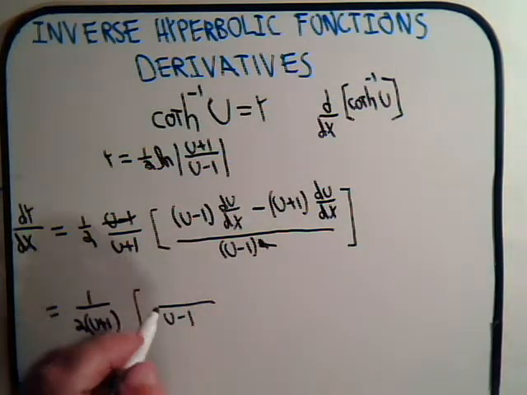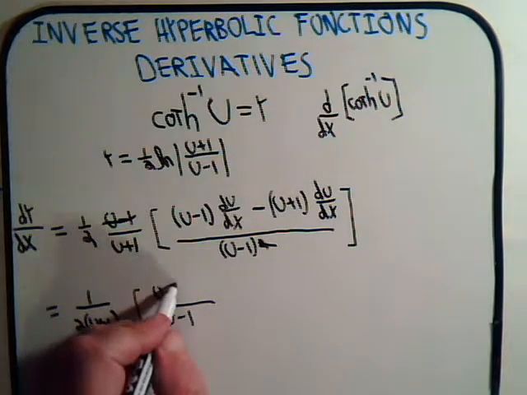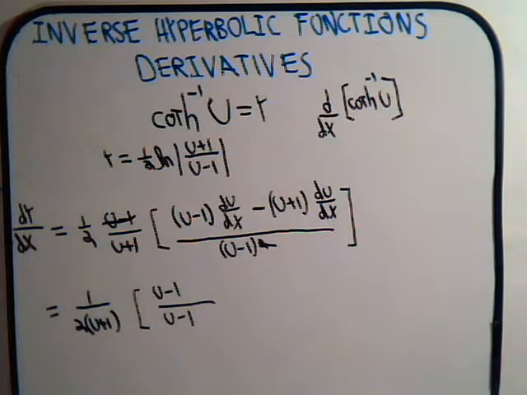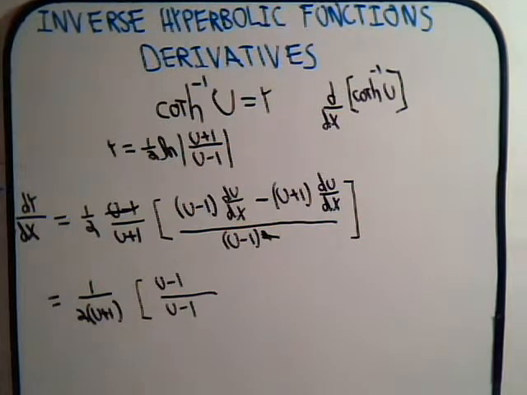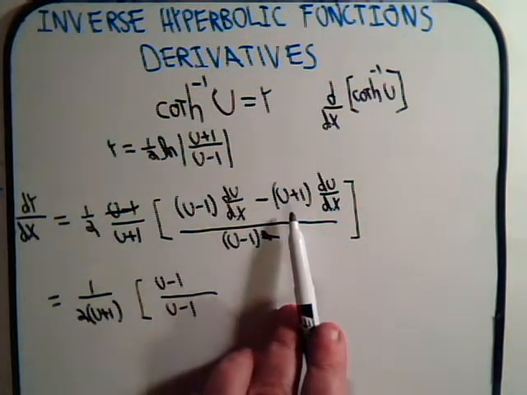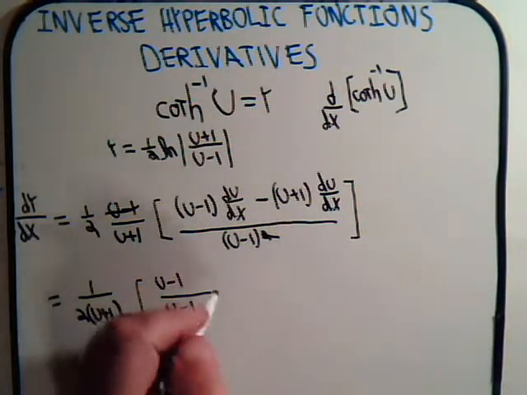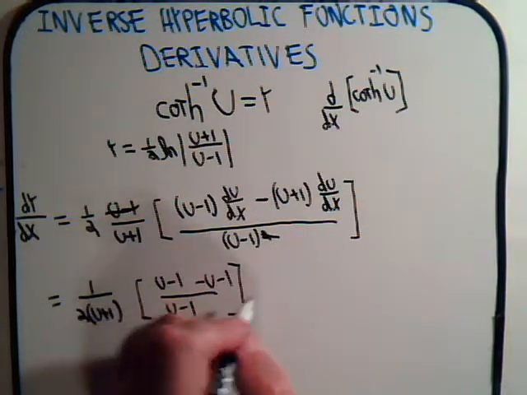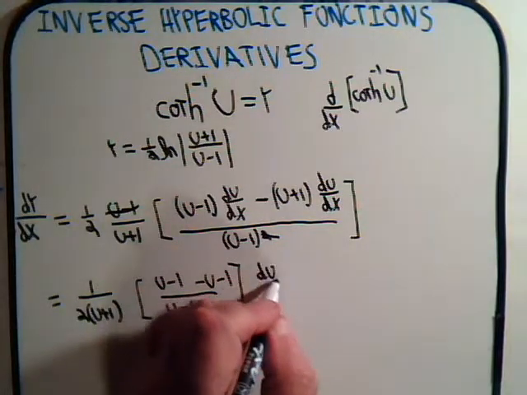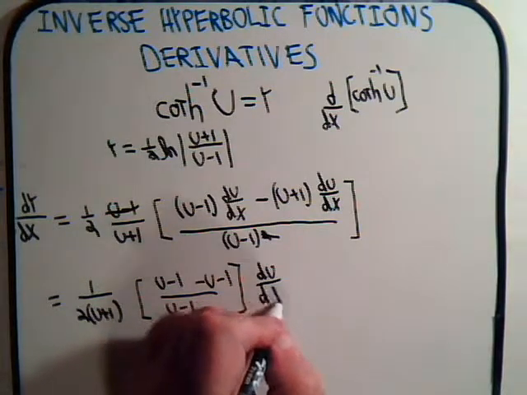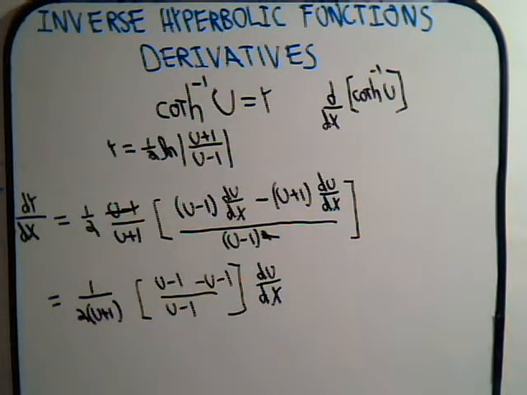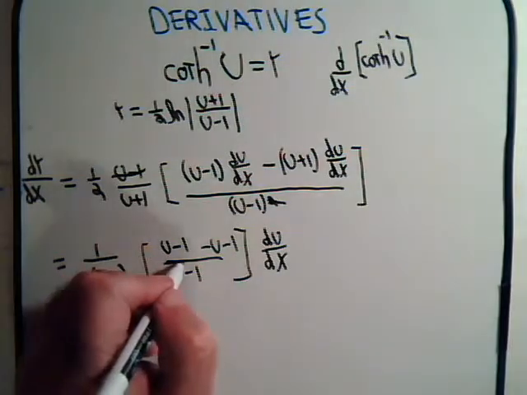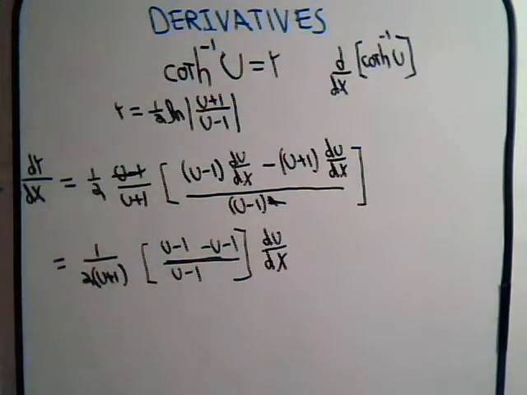We have u minus 1 times du/dx, and then from here we're going to have minus (u minus 1) times du/dx. We factor that out of there.